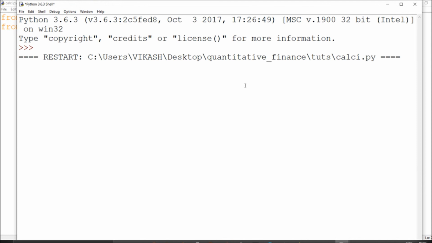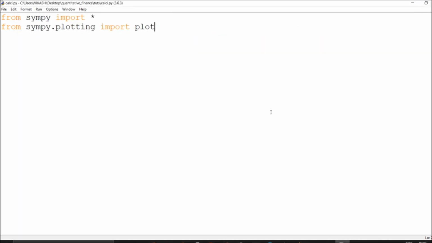I will show you a simple thing about the basics of calculus and everything further. These two things are very much required. If you are getting started, please get them installed and try to go along with these things.